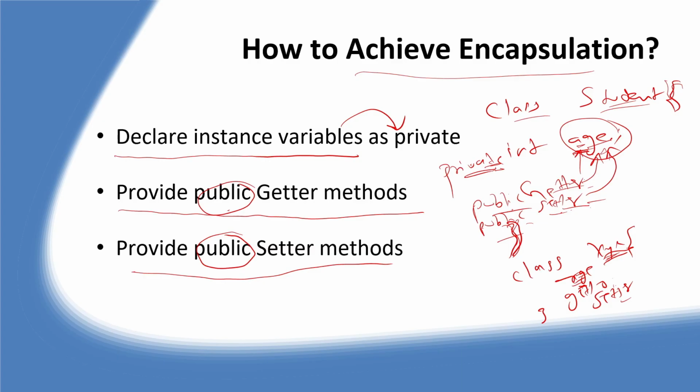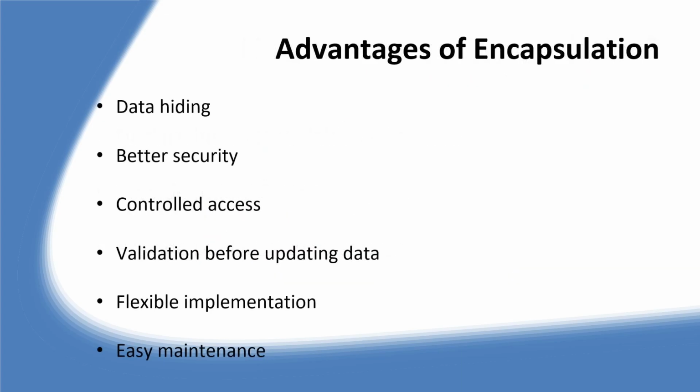So what are the advantages of encapsulation? Encapsulation offers several advantages. It hides sensitive data. Using the private keyword, we are hiding those instance variables. And it provides controlled access.